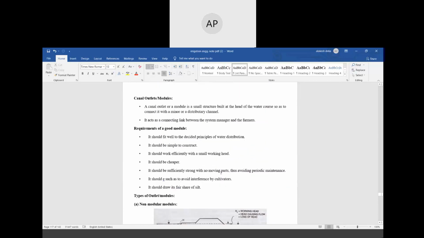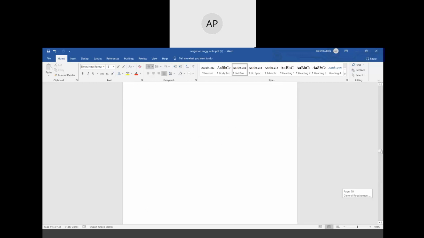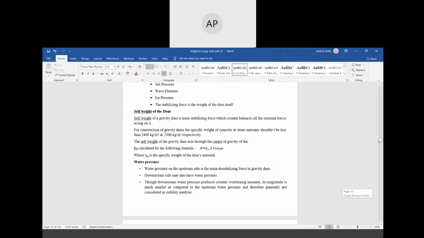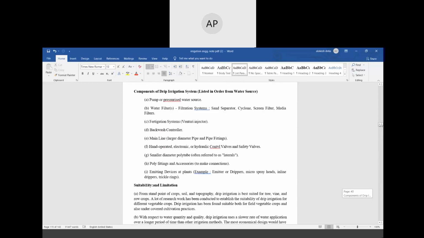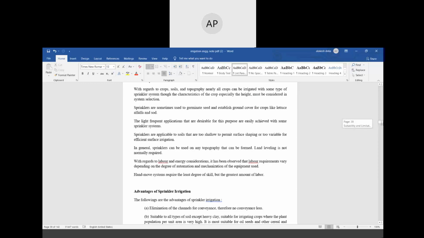So up to this inlet and outlet, your syllabus is up to this. Last class, in first sessional exam, we have given only up to crop requirement, isn't it? I think in first sessional, it included different types of irrigation.